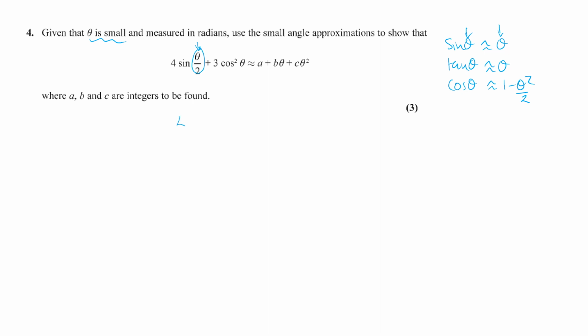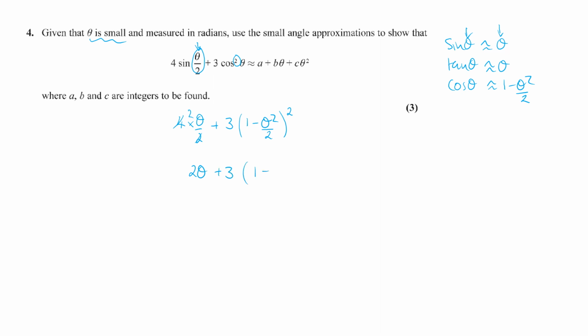So it's going to be 4 times theta over 2 plus 3. What does cos go to? 1 minus theta squared over 2, but we are squaring it, so we've got to square that. So then we'll cancel here and we'll get 2 theta plus 3.